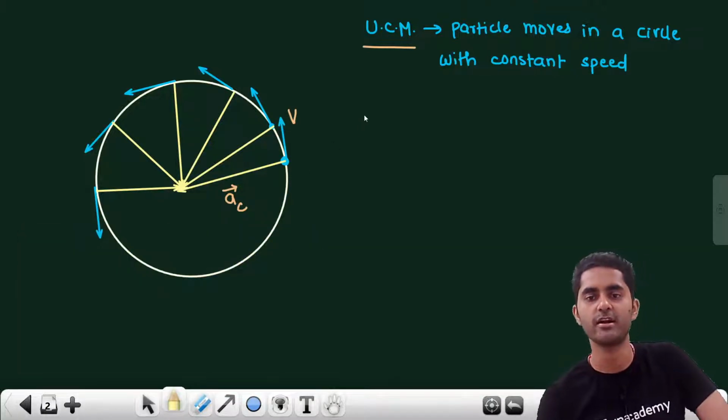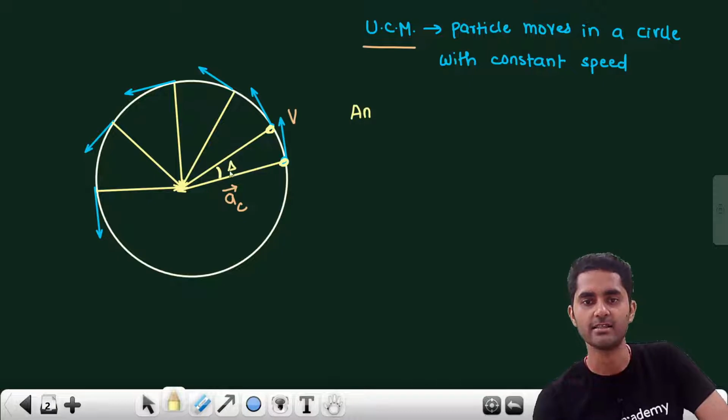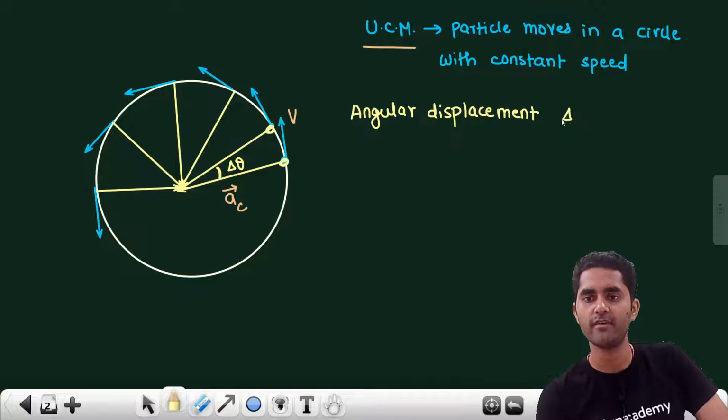What are the angular quantities? Angular displacement. If a particle moves from this point to this point, it covers this angle. Whatever angle it covers is called angular displacement.